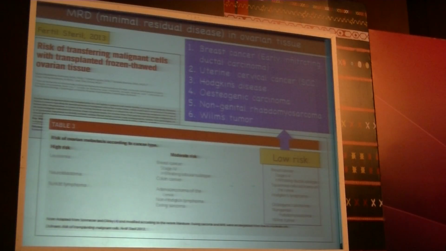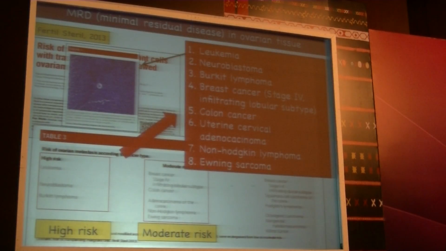Low-risk diseases include breast cancer, uterine cervical cancer, which is squamous cell carcinoma, Hodgkin's disease, osteogenic sarcoma, non-genital rhabdomyosarcoma, and Wilms tumor. As shown here, leukemia and non-Hodgkin's lymphoma are not suitable target diseases for ovarian tissue cryopreservation because ovarian metastasis has been confirmed.